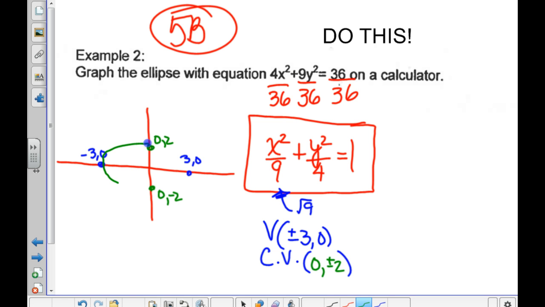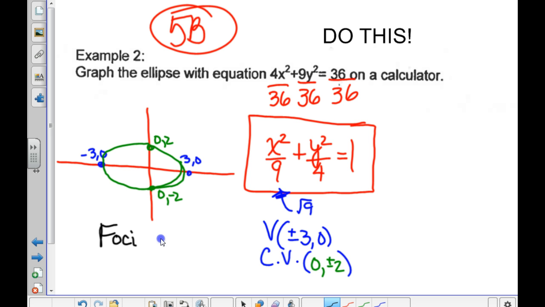Okay, so we can sketch it now if we want. Whoa, really bad job, Hofbauer. Okay, the foci. Okay, what are 9 and 4 representing? Yeah, a squared and b squared, already squared.